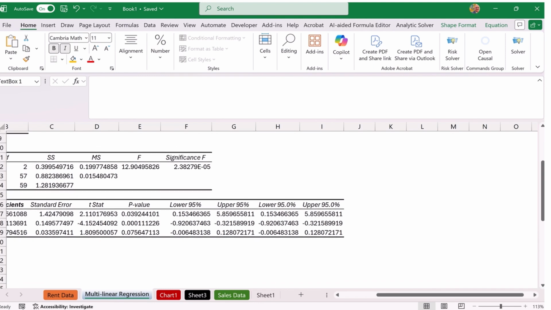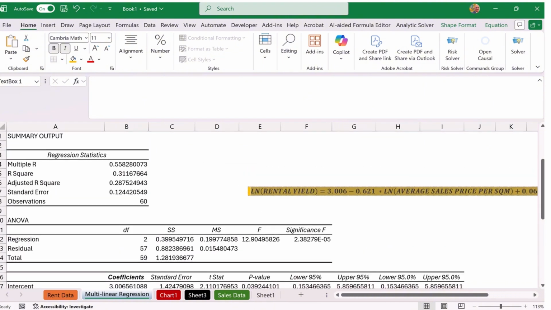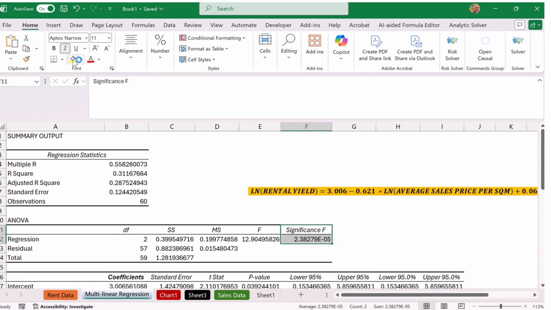So what are the findings in this multilinear regression? We can see here that R squared is approximately 31%, and the adjusted R squared is about 28.7, 29%, with an extremely significant F statistic, because it's almost zero: 2.38 times 10 to the minus 5 power.